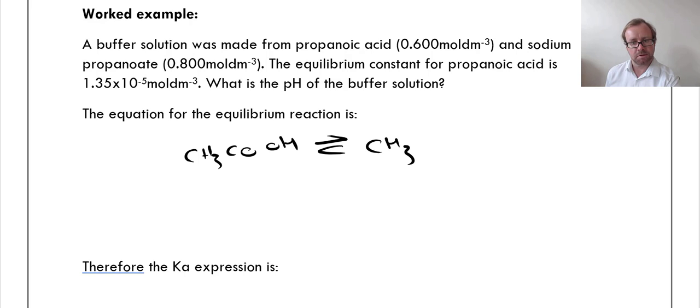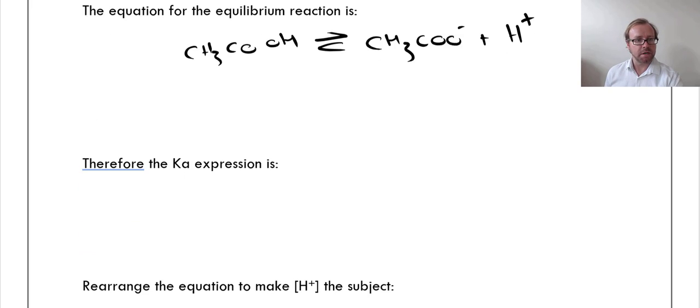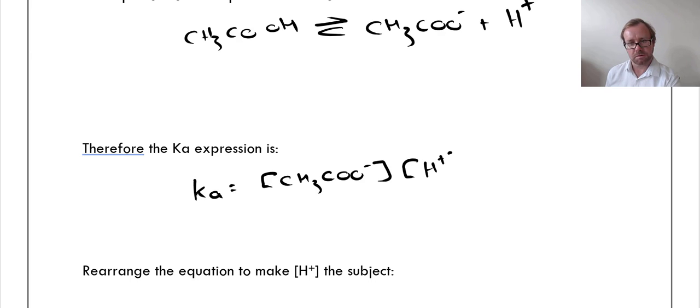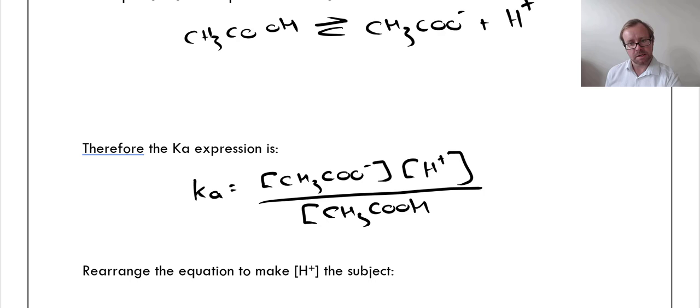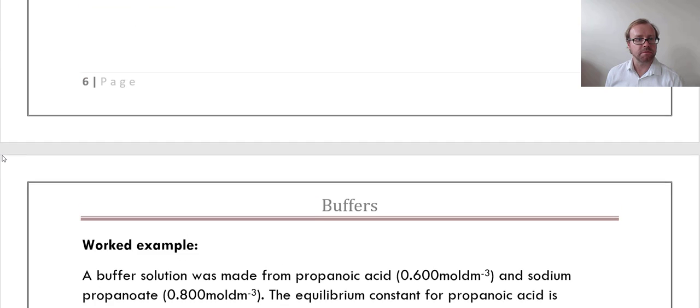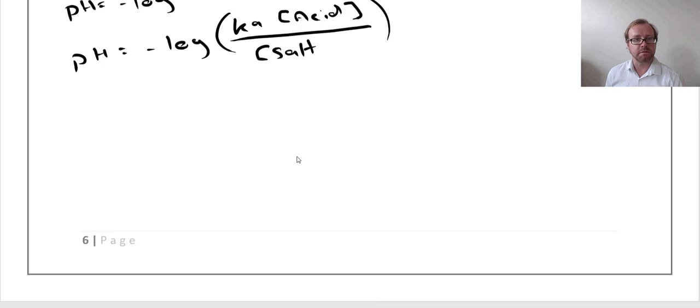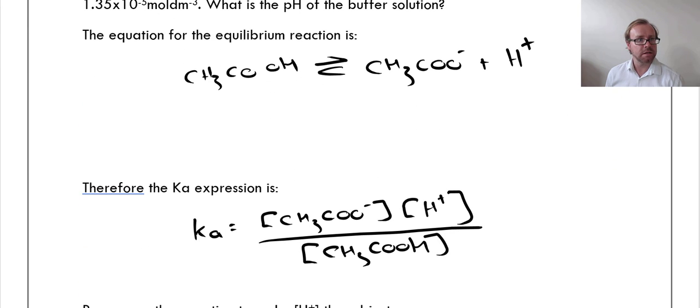We would have this. So I can rearrange my Ka expression to this. Now for a buffer solution, as we said before, we're going to have the salt over H plus over the concentration of the acid.